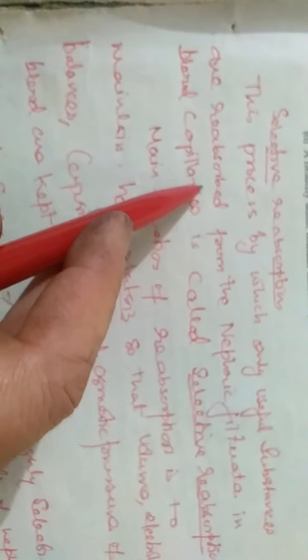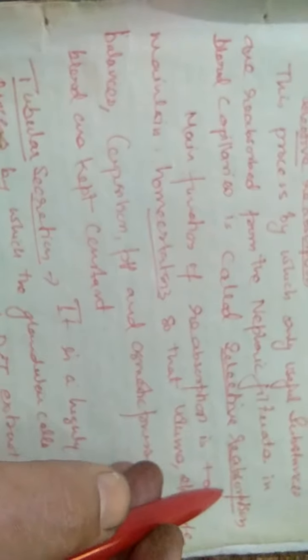The definition of selective reabsorption I have written here. It is the process by which only useful substances are reabsorbed from the nephric filtrate into the peritubular blood capillaries, and this is called selective reabsorption.